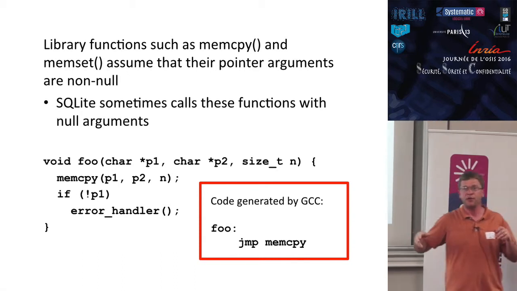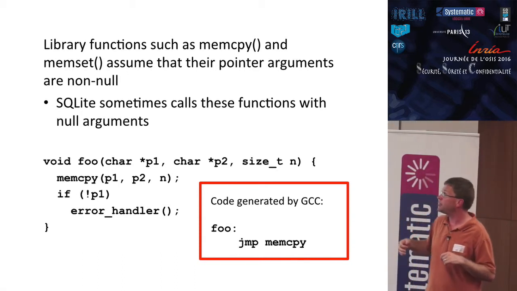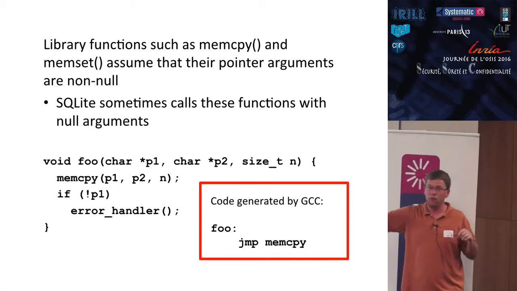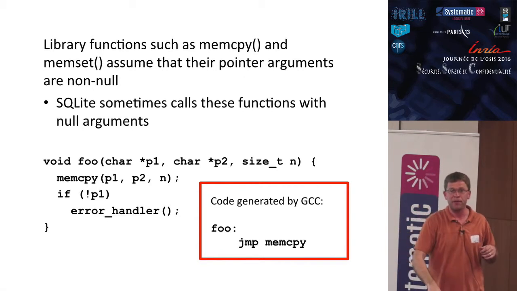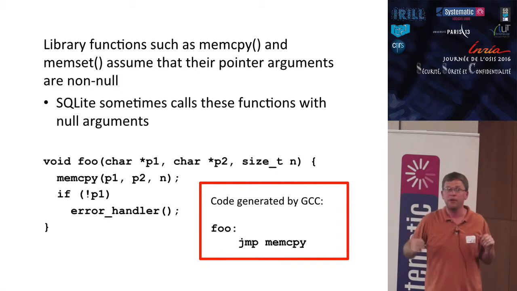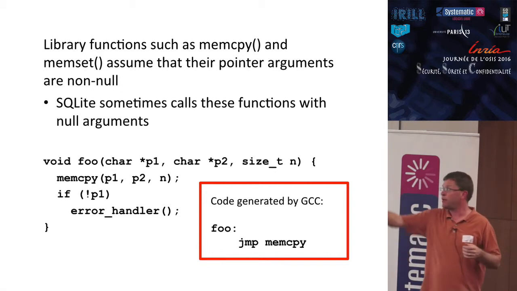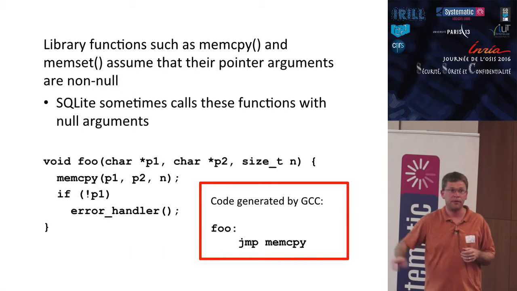The idea that the compiler has in its head is, if P1 was null, we shouldn't have called it in the first place. The behavior would be undefined by the C standard. Therefore, P1 isn't null, and the call to error handler is dead. And we just have a tail call to memcopy. Does that make sense?